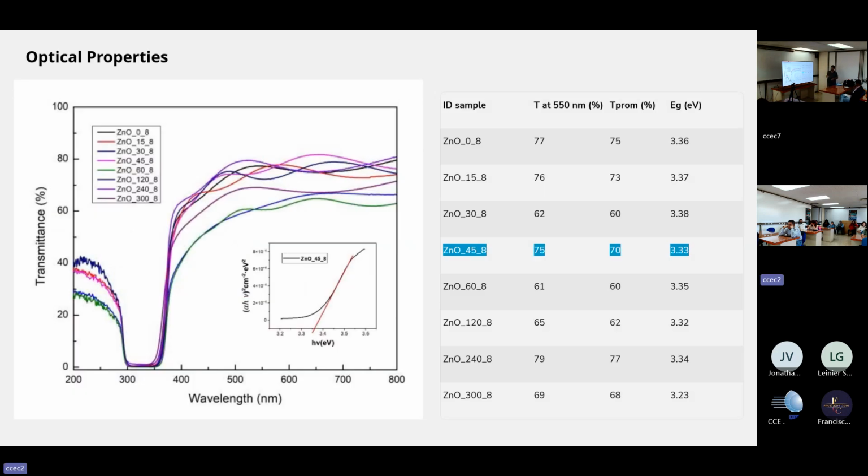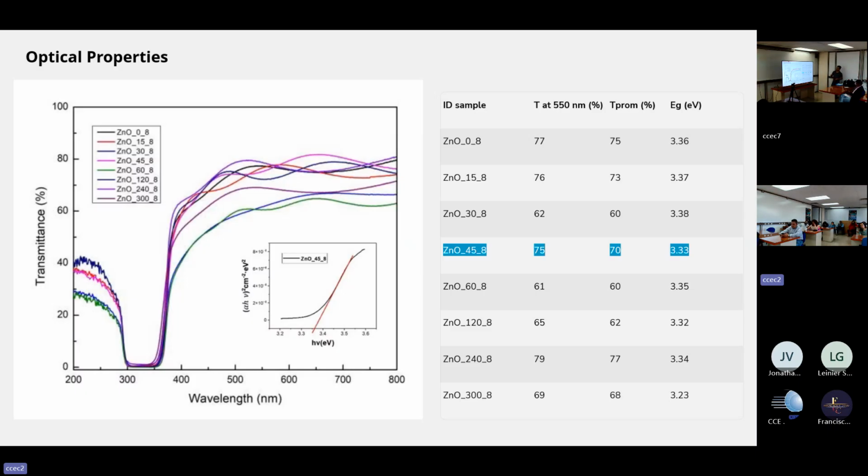In the optical results, we can see high transmittance in the visible region with an absorption edge around 365 nanometers.